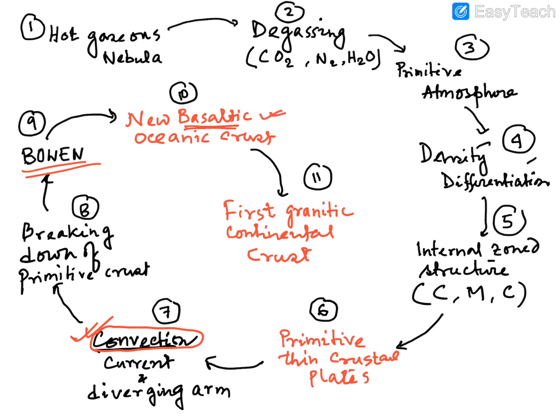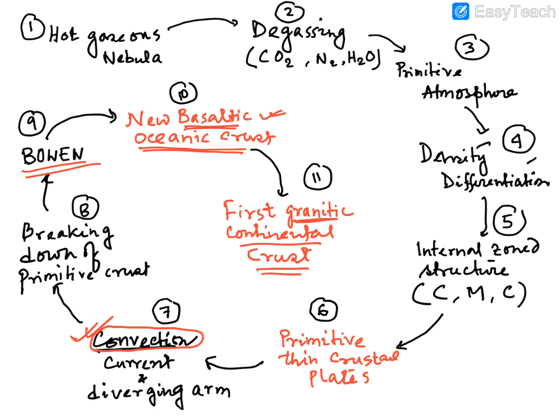Okay. Now I told you this is oceanic crust, basaltic oceanic crust. After this basaltic oceanic crust was formed, and the magmatic convection current kept on hitting it, it also melted out. And through another chemical reaction, which is a part of the Bowen series itself, the first granitic continental crust formed.